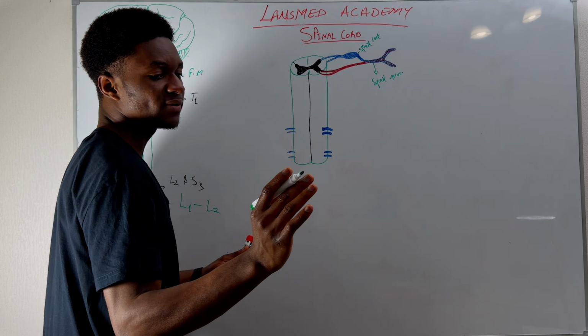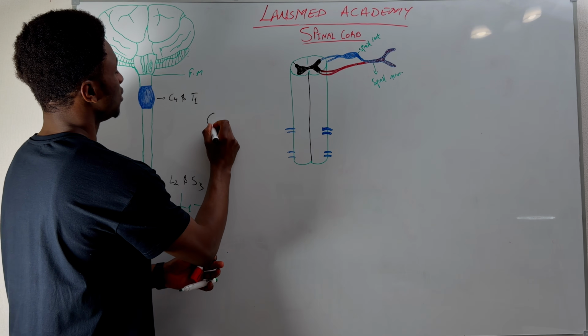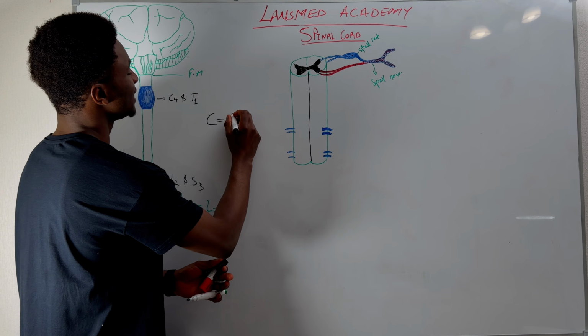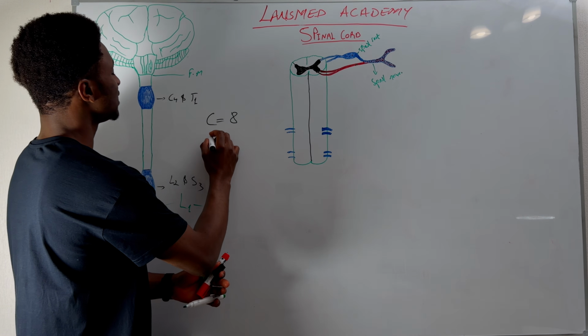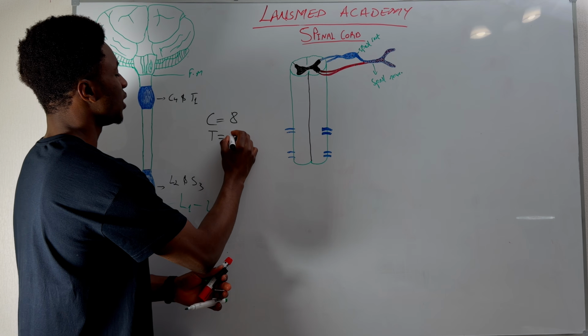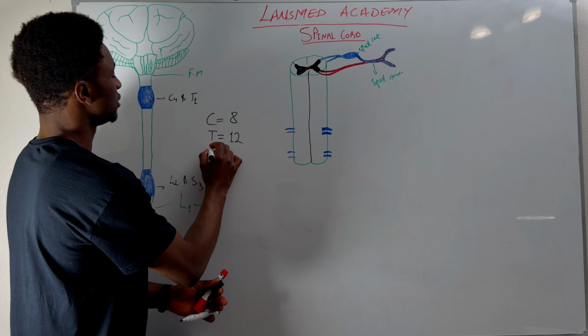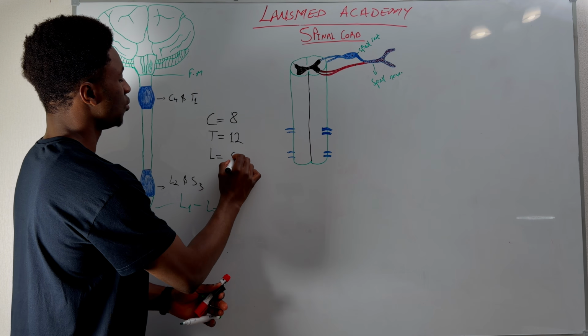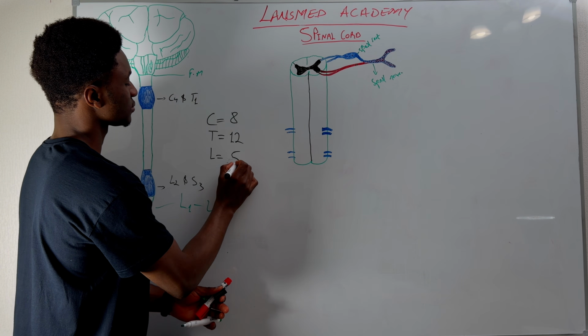So in the cervical segment, which I will mark as C, we actually have 8 pairs of spinal nerves. In the thoracic segment, we have 12 pairs of spinal nerves. In the lumbar segment, we have 5 pairs of spinal nerves.